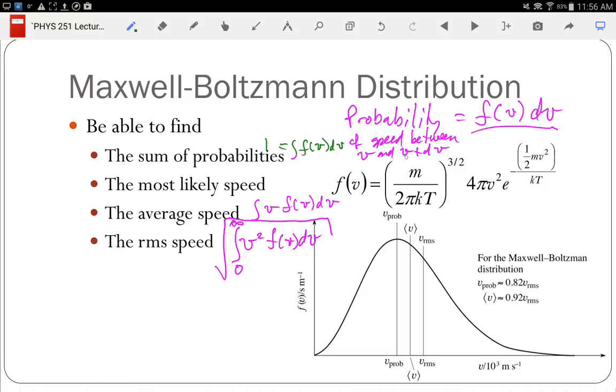The probability of speed between v and v plus dv is the distribution times dv. So this here that's underlined is the actual probability. The f of v is the probability distribution. The terms probably don't really mean any different to you, right? But it's important that we know how to find the probability. The probability is this function times a small width dv, and that's the probability of being within that width dv.